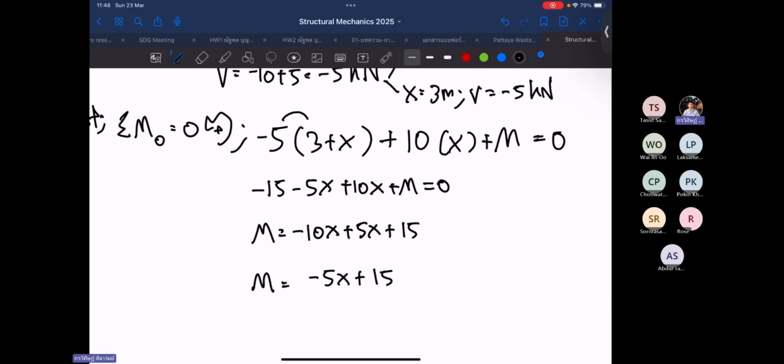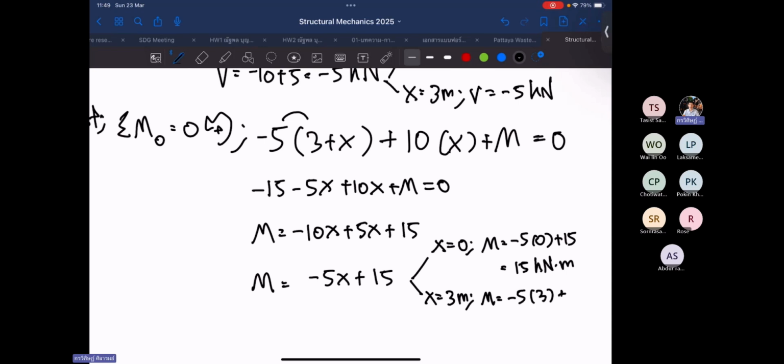Then if x equal to 0, M equal to minus 5 multiplied by 0 plus 15, equal to 15 kilonewton meter. And if x equal to 3 meter, M equal to minus 5 multiplied by 3 plus 15, equal to minus 15 plus 15 equal to 0 kilonewton meter.